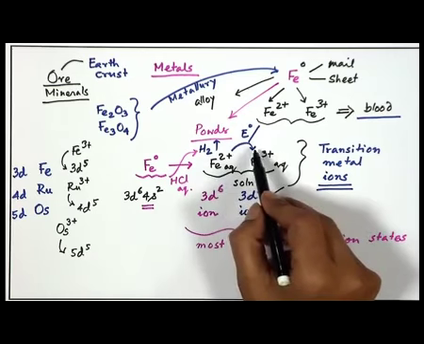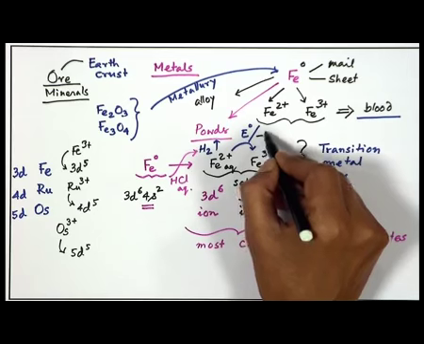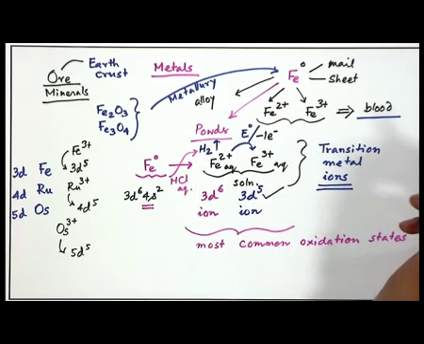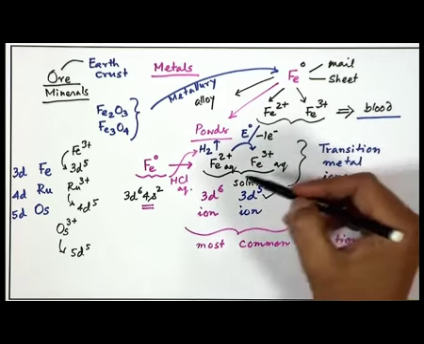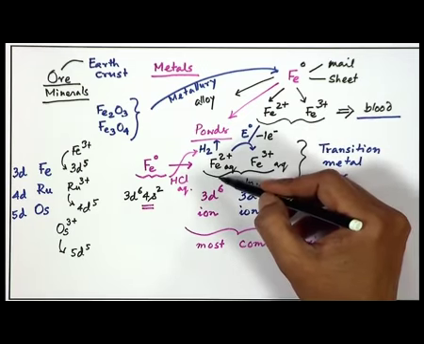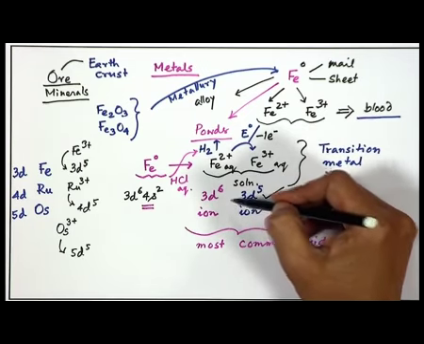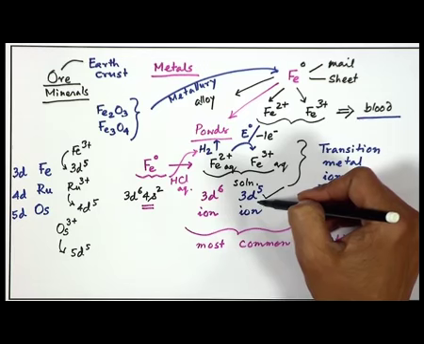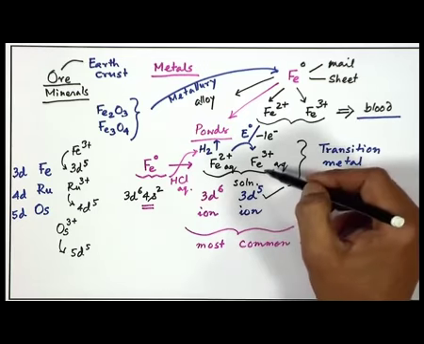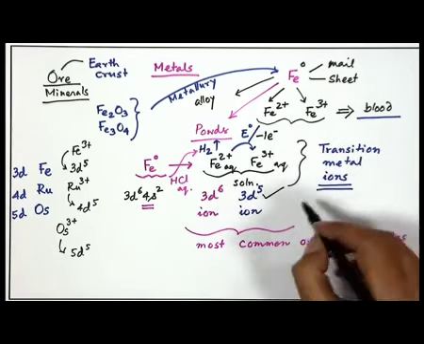That means, the first electron loss for getting ferric ion from ferrous ion is the removal of an electron from the d level. So, this is much more facile.